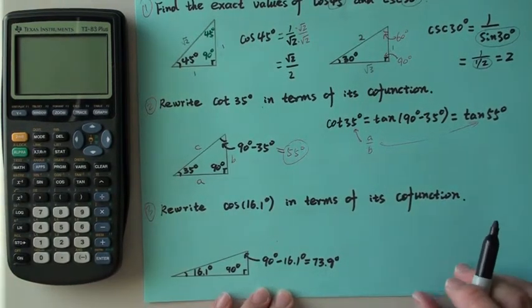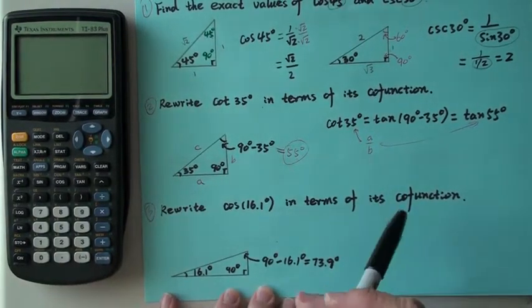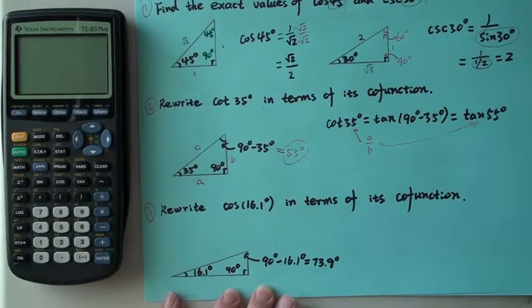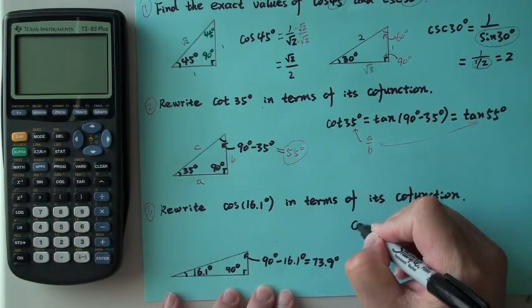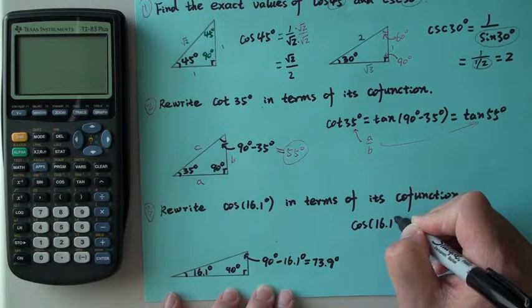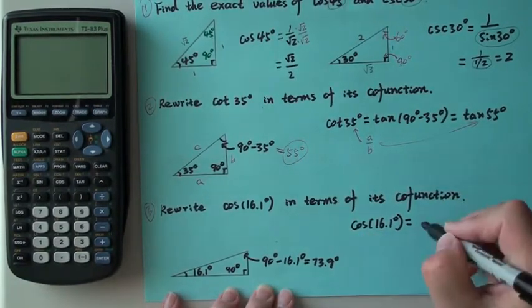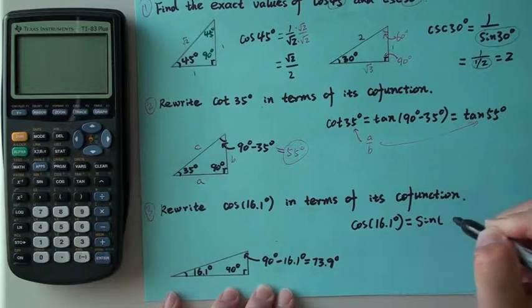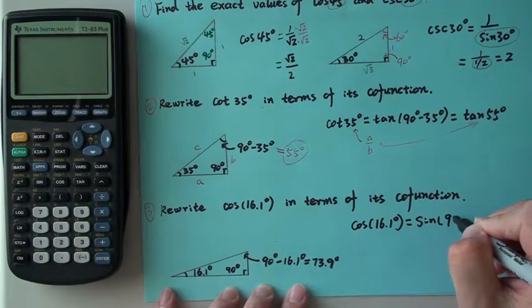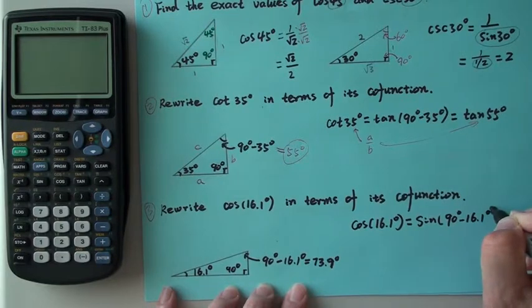Now, similarly for this one, we want to rewrite cosine 16.1 degrees in terms of its cofunction. For cofunction, when you see cosine, you want to write sine. And then for this degree, you want to write the complement: 90 degrees minus 16.1 degrees.